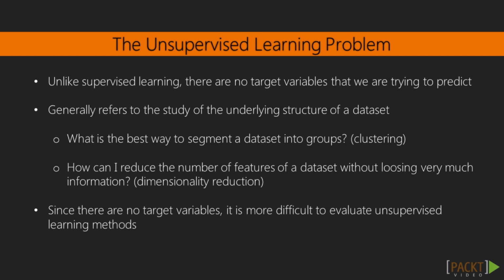This is the unsupervised learning problem of clustering. Or say that you want to reduce the number of features that your dataset currently has. This is the unsupervised learning problem of dimensionality reduction. Also, it is important to note that the evaluation of unsupervised learning algorithms is much more difficult than with supervised learning, since we do not have any gold standard target outputs that we can measure against.